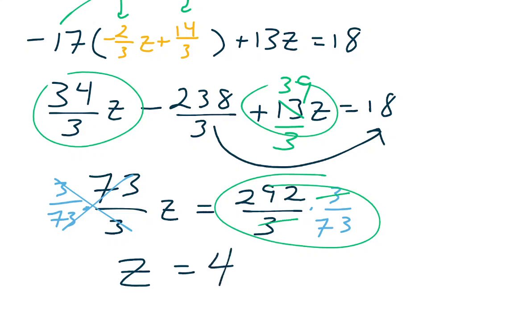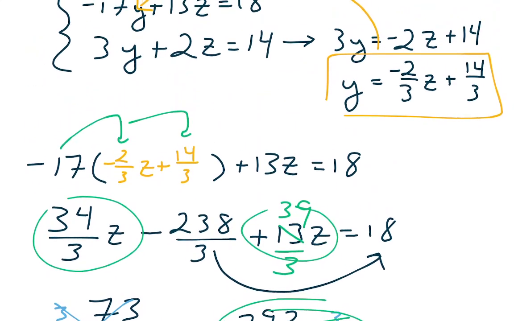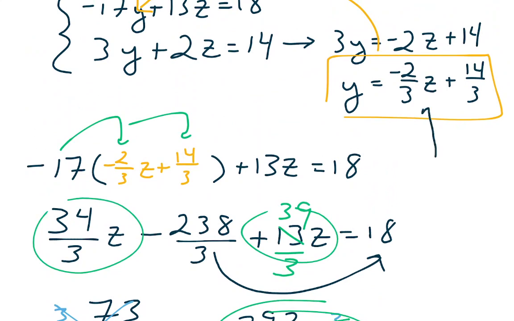And so we do end up with an integer, which is nice. Now, if z equals 4, you got to plug that back in to one of your equations up here. I'd recommend that you plug it into the one that's already solved for y. So we're going to plug in the number 4 there.